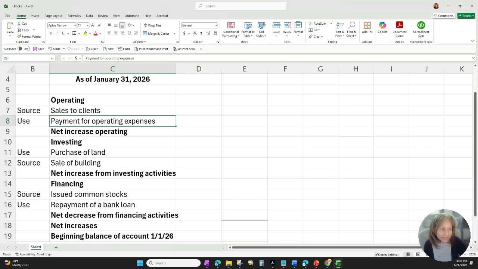The second activity, and notice that they are always listed in the same order, operating being first, investing being second. Investing activities involve buying and selling long-term assets. The long-term assets are defined as fixed assets. That's the accounting terminology.